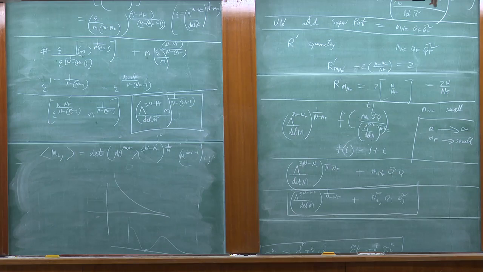The full superpotential is the sum of D squares plus F squares, so we need both to be 0. It's not like they can play with each other. We can't cancel one against the other. So the D term equation gives you some conditions, and the F term equations give you some conditions.